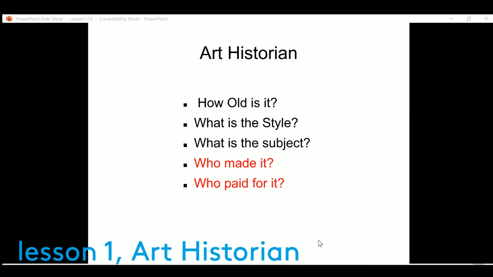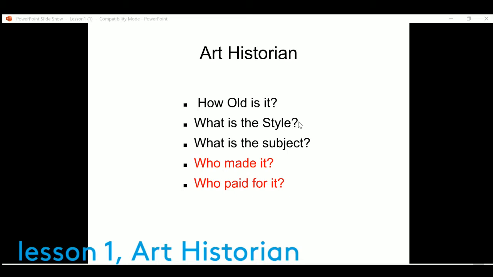They will use research, either their own or someone else's, to preserve old artwork, fix damaged pieces, or catalog art for a museum show. So there are different directions you can take as an art historian. That is a general understanding of who an art historian is.